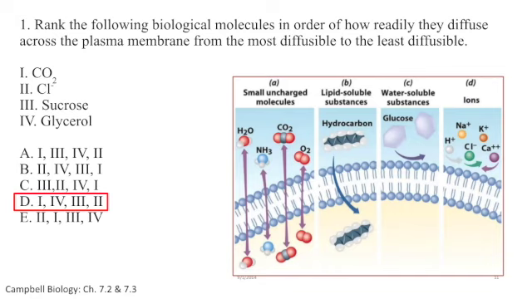Of all the molecules, CO2 is going to be the smallest, and therefore it'll diffuse the most rapidly. Glycerol has only 3 carbon atoms and is therefore the second smallest molecule. Note that the chloride is small, but it's charged, and thus it'll need a channel to get through, right? An ion-gated channel often.